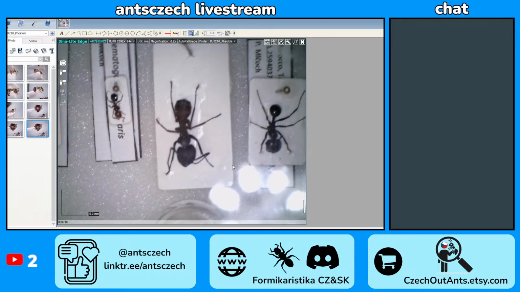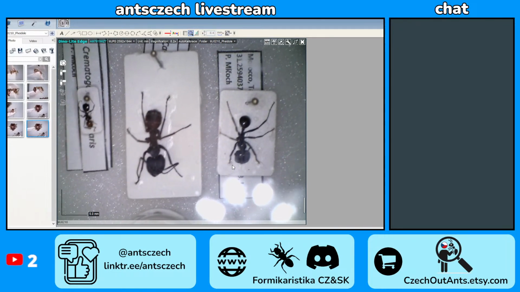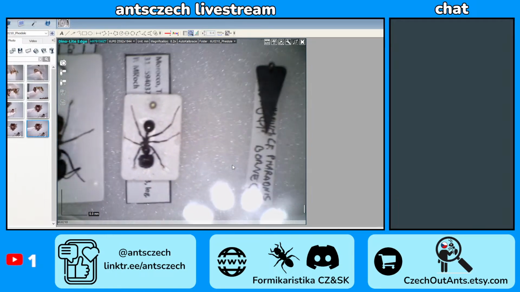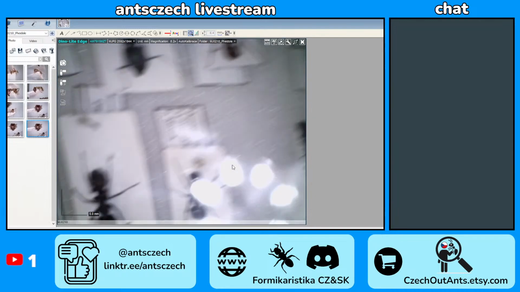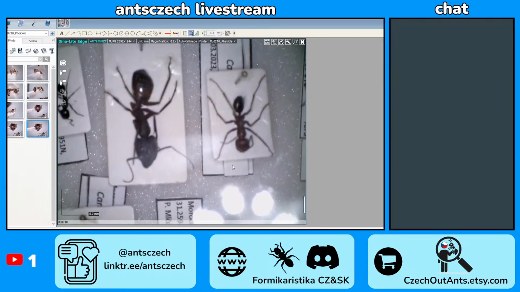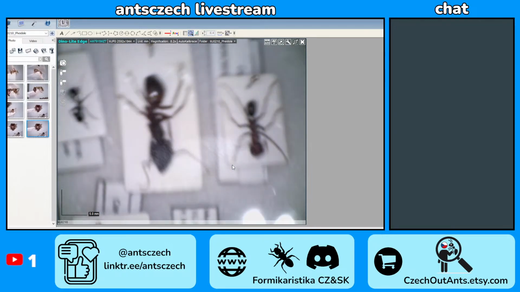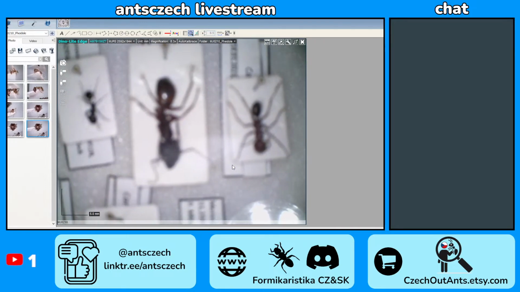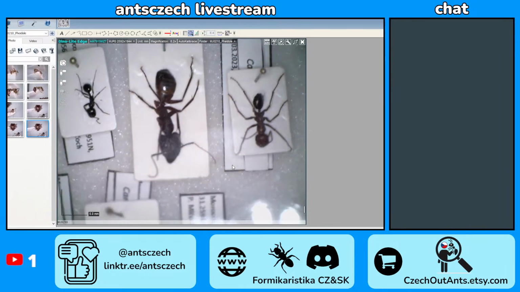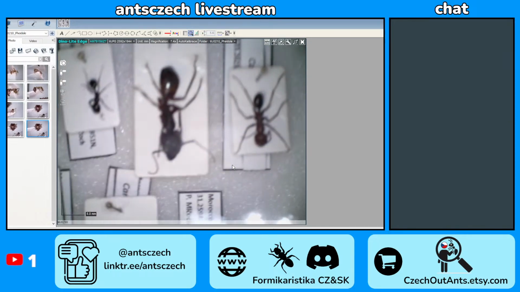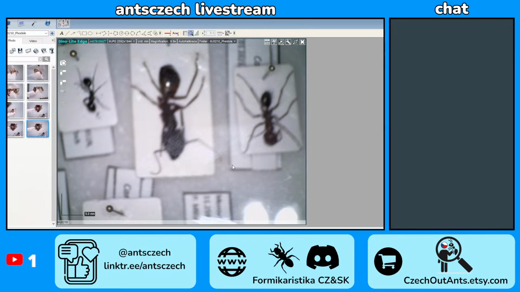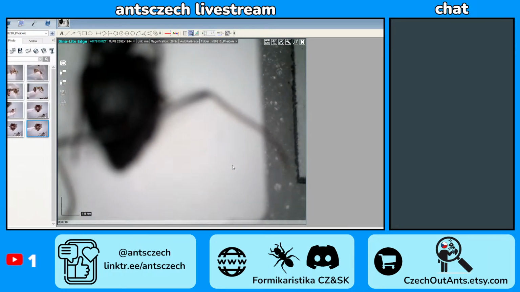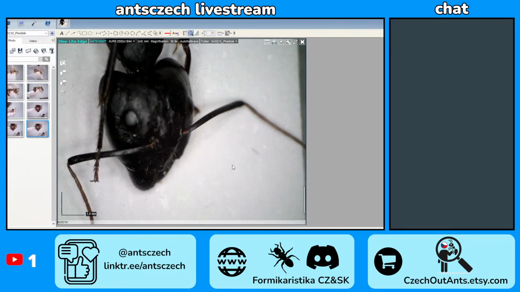This looks like Crematogaster, some Messor, some Camponotus, and there's some Cataglyphis as well, and this one like Camponotus atriceps or something. Why doesn't it work? The stream is a bit behind.